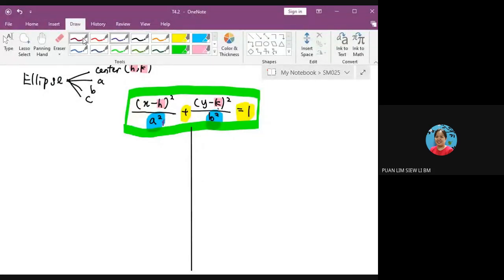So, sekiranya benda A square adalah besar daripada B square, then you punya ellipse adalah secara melintang.